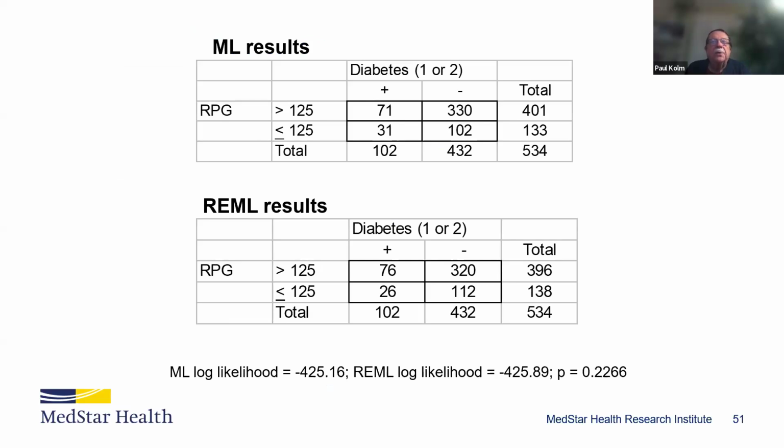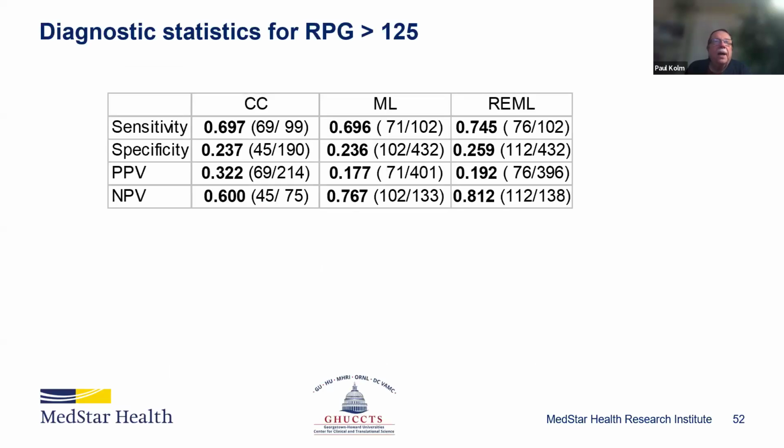Here, there's no difference. And then the diagnostic statistics, you can see that they're fairly similar, except for the positive predictive value, which is actually quite a bit lower for the maximum likelihood and the restricted maximum likelihood, which you would then take as being more accurate than the complete case analysis.